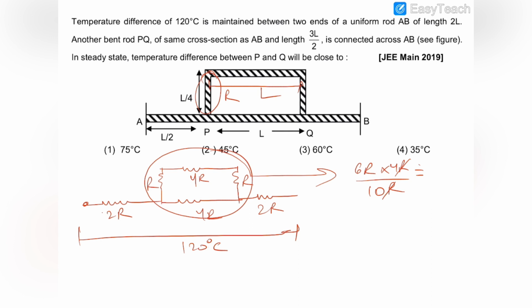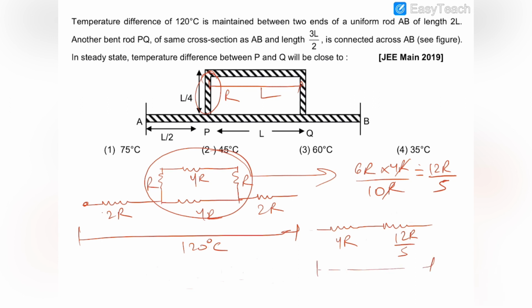So this would be 12R by 5. Now we can say that this is the series combination of 2R, 2R and this 12R by 5. So we can consider that 2R and 2R is in series, so it would be 4R, and this 12R by 5 is also in series with 4R.